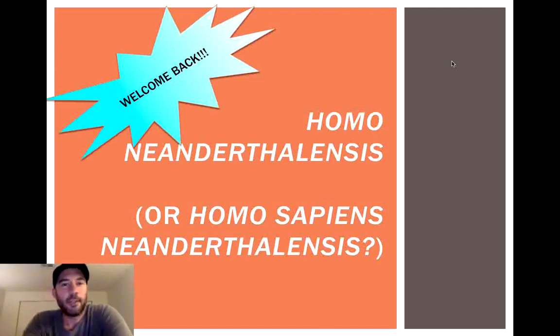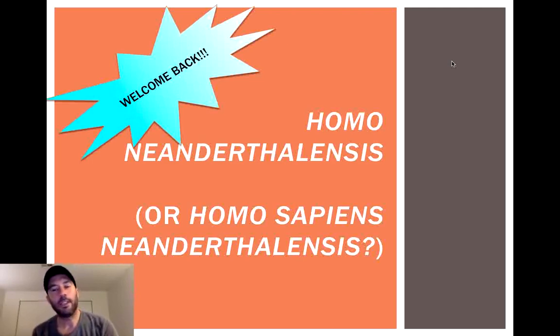We left off last time talking about Homo heidelbergensis, and we were about to get into Neanderthals. So the title here says Homo neanderthalensis or Homo sapiens neanderthalensis. Whoa. That has to do with the species definition, because as you hopefully remember, the biological species definition says that a species is a species if it's reproductively isolated from other species, meaning that they cannot produce viable offspring that are also able to reproduce.